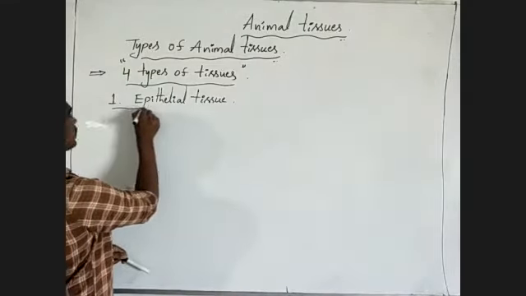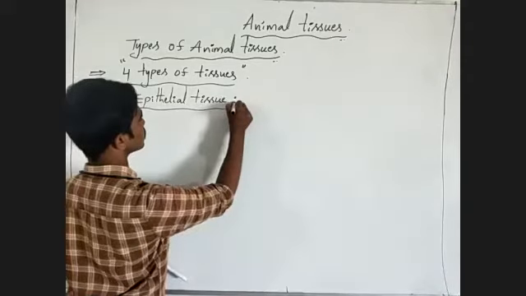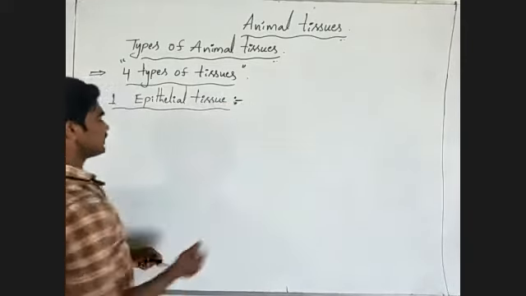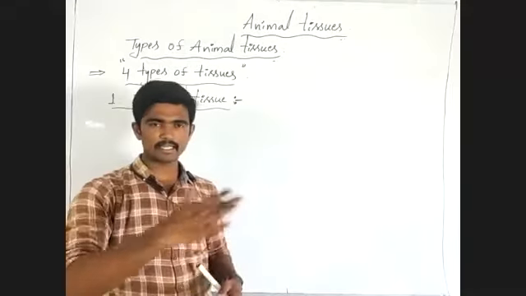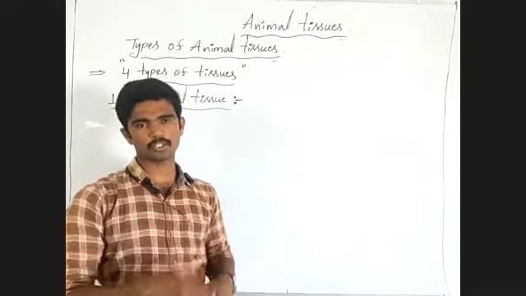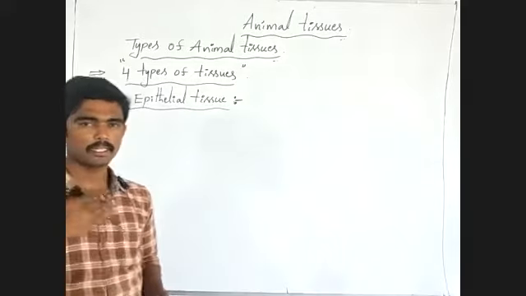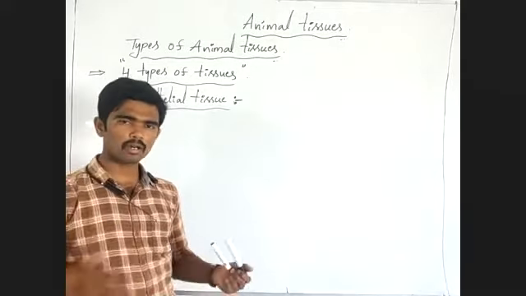Epithelial tissue is a sheath-like tissue. It forms a continuous, large sheath.